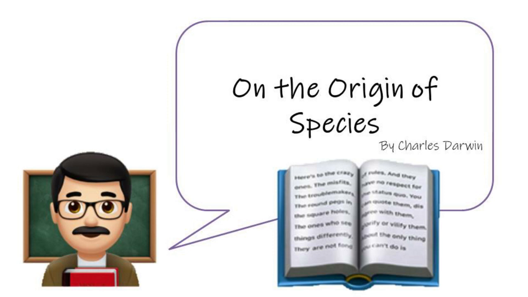In 1859, Darwin wrote and published his book On the Origin of Species, detailing their experiences and ideas. This theory is widely accepted by scientists today because of the large amount of evidence they put forward.